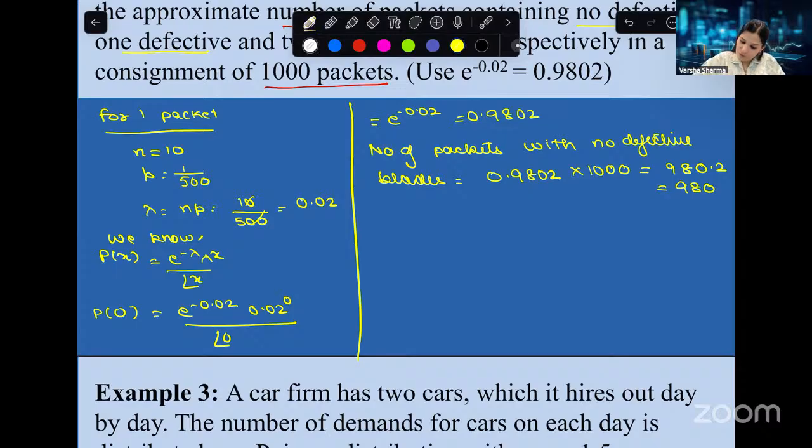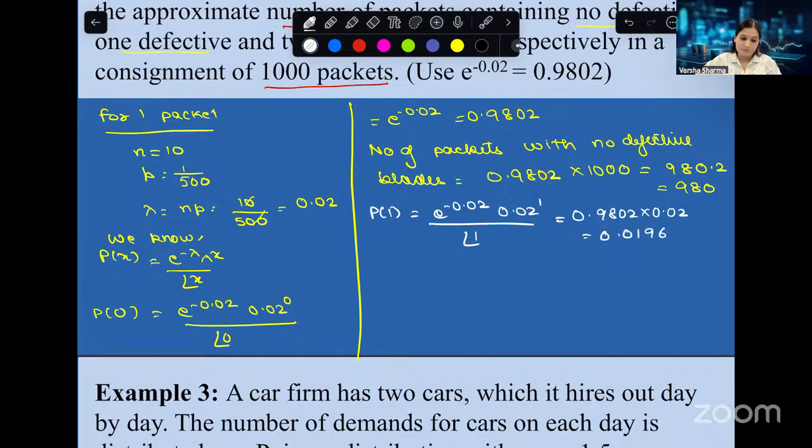For P of 1, e power minus lambda, lambda power 1 by factorial 1: 0.9802 into 0.02. That is 0.0196.